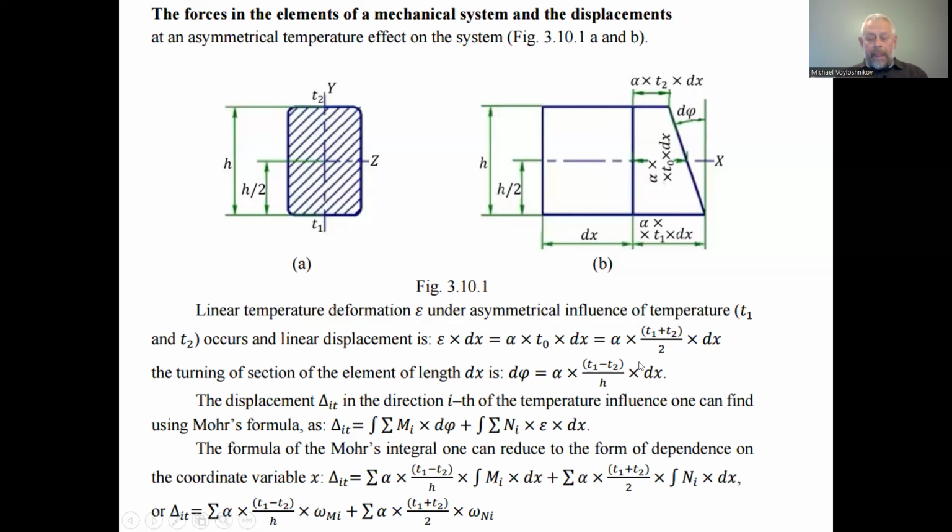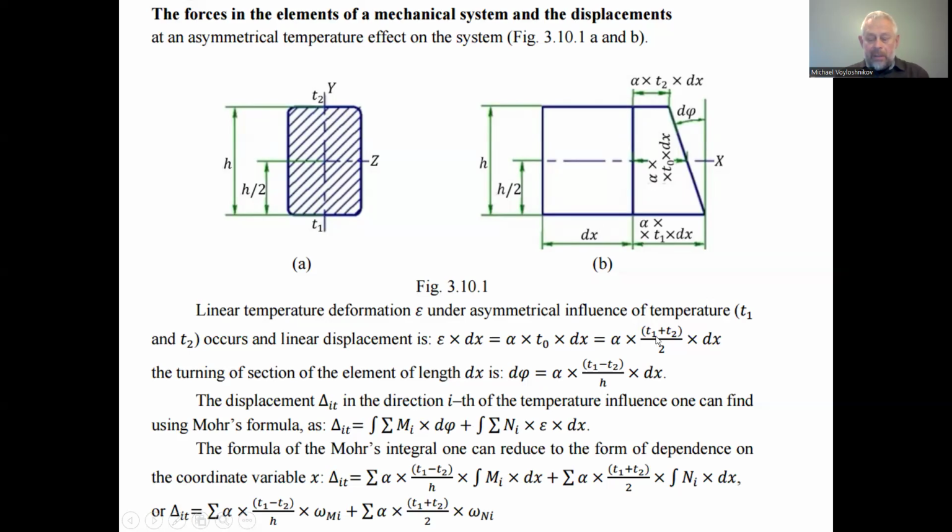So what is the change? This is epsilon. Epsilon indicates the linear deformation under the action of the temperature. Epsilon, per unit of length of this element, is equivalent to the product of alpha, the coefficient of linear expansion, by the temperature of the midline of this trapezoid.